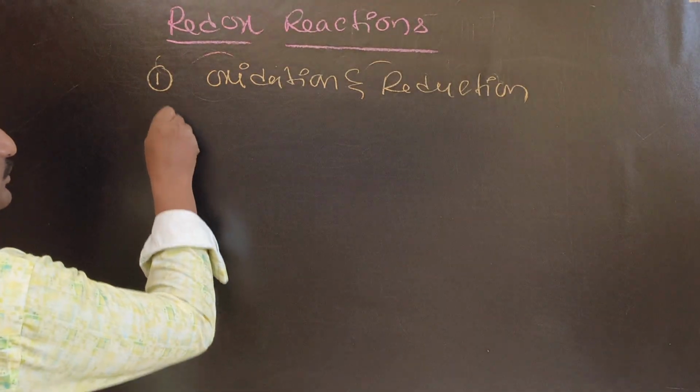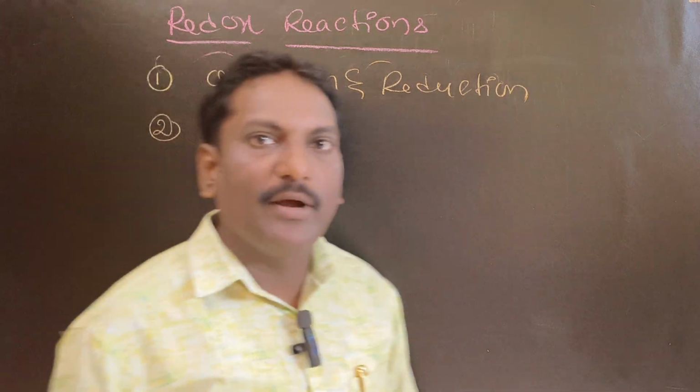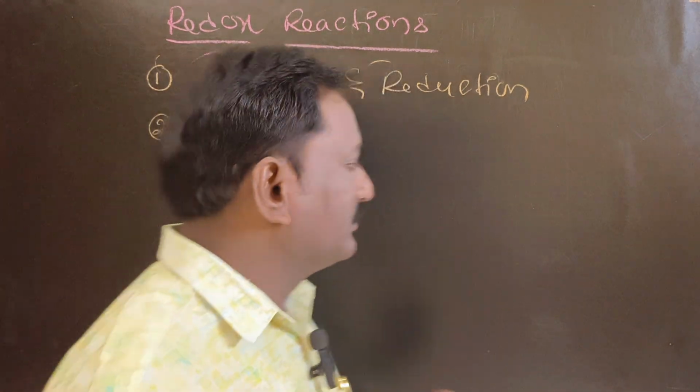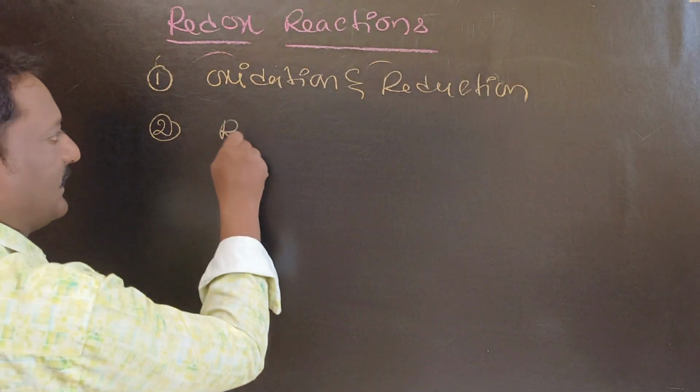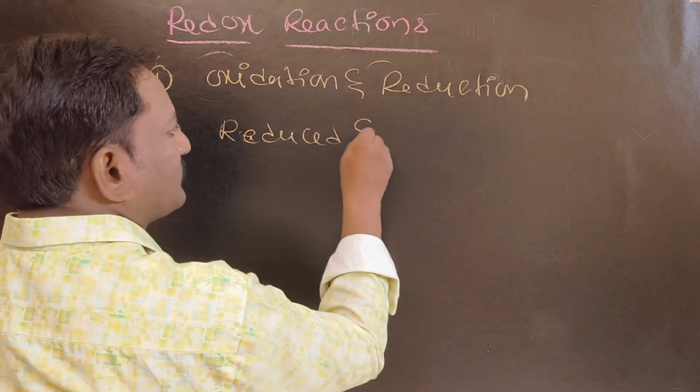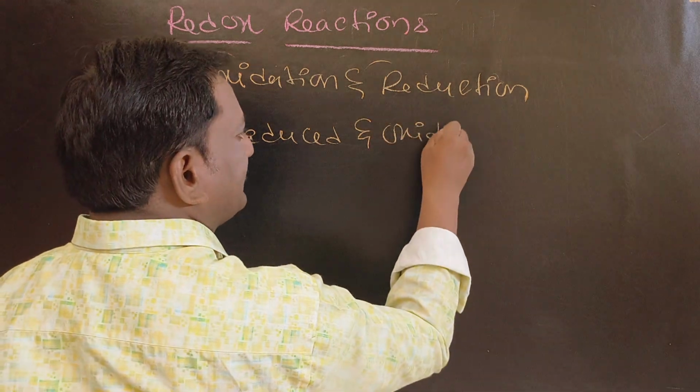Category number 2: we need to identify which one is getting oxidized and which one is getting reduced, the substance which is getting reduced and the substance which is getting oxidized.